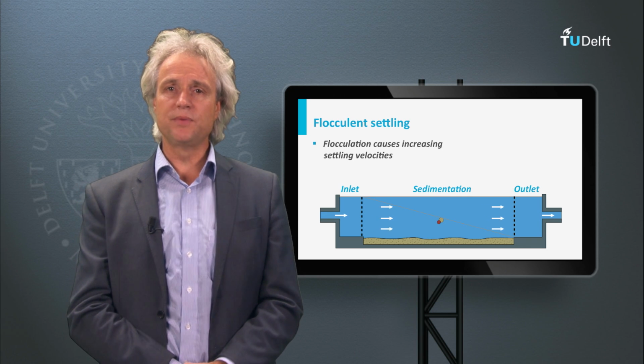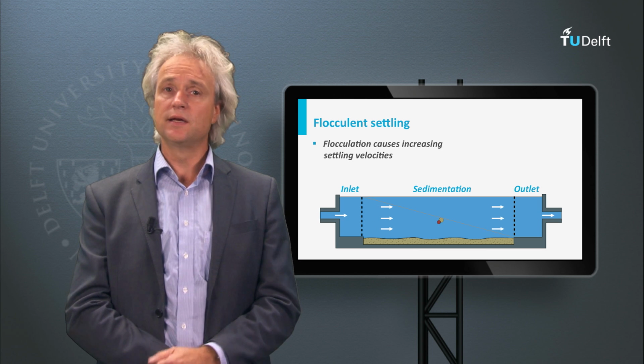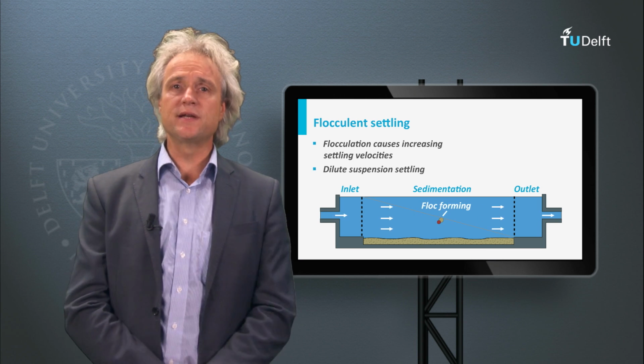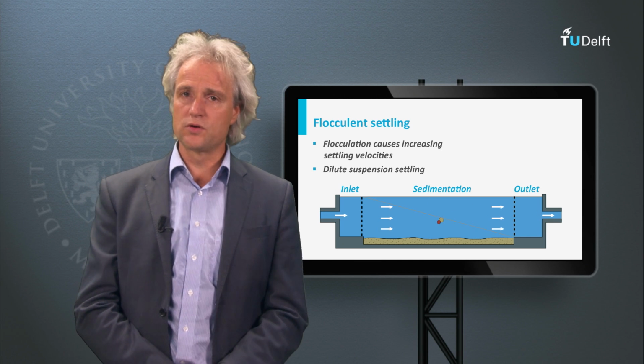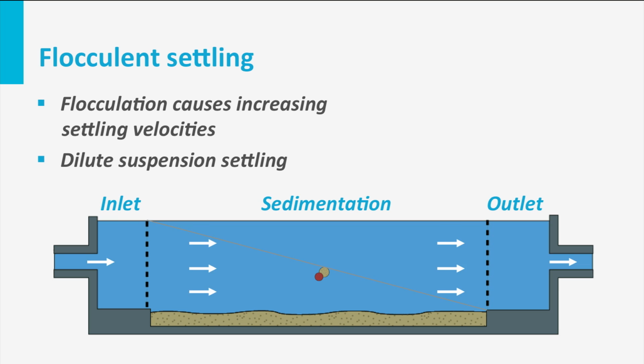Flocculent settling can be divided in two subgroups: dilute suspension settling and hindered settling. In dilute suspension settling, particles are present in low concentrations, but generally higher than 50 milligrams per liter. Particles are free to coalesce with any other particle on the route of sedimentation, increasing their settling velocity.